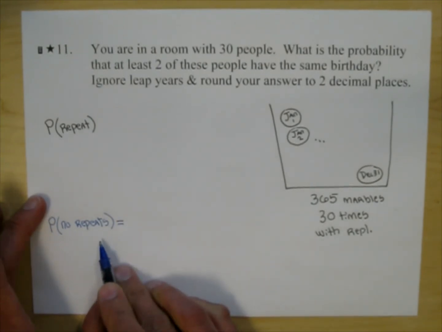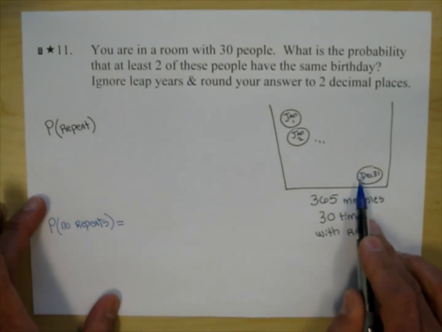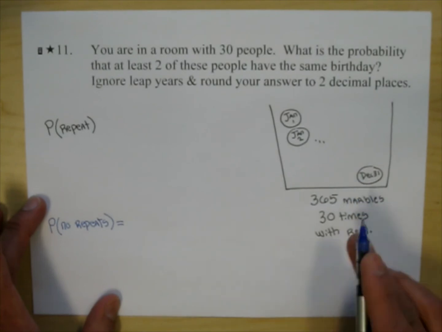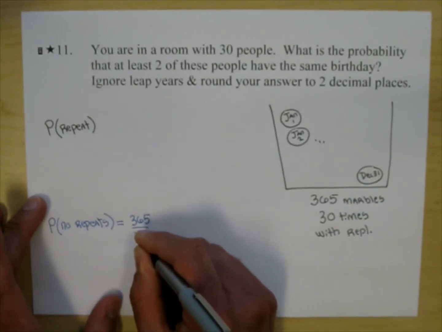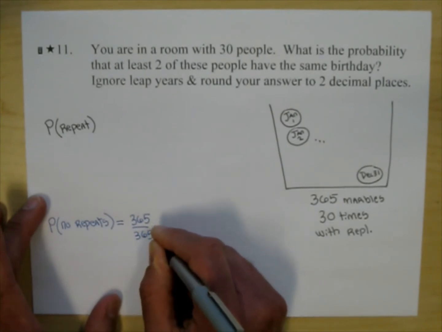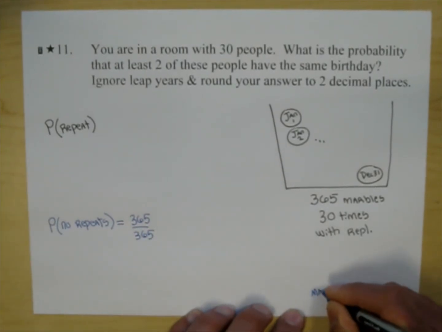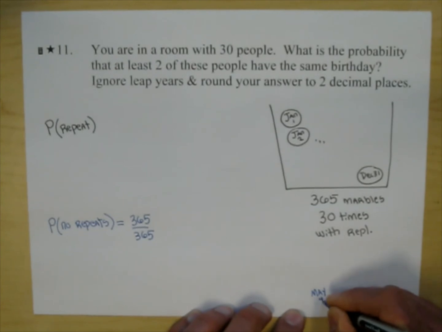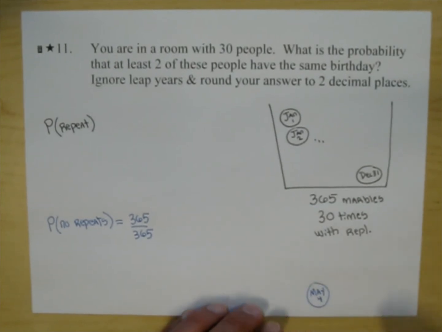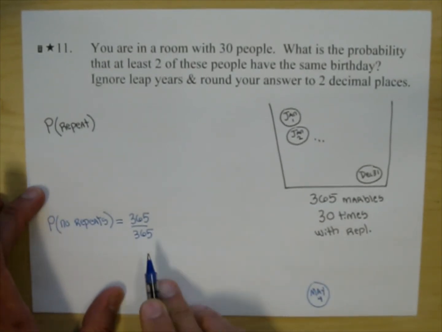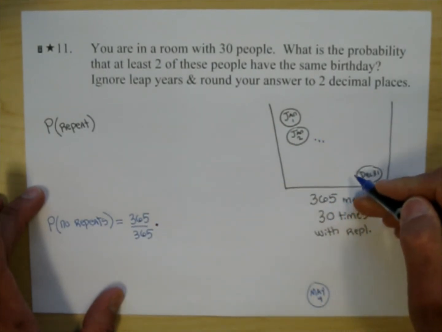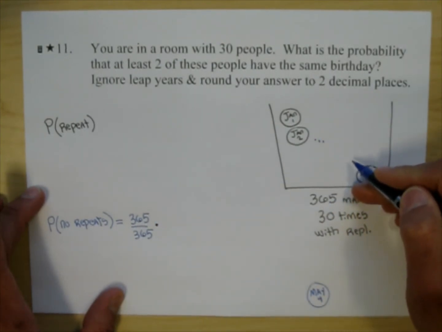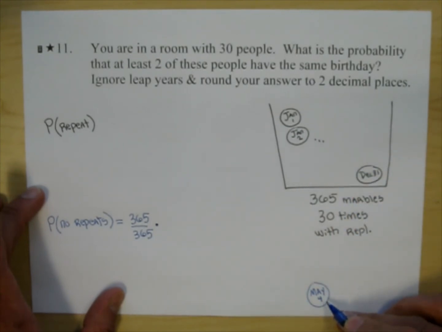Well, no repeats means the first time I pull a marble out of this box, it could be anything. It could be 365 out of 365. So suppose I pulled May 4th out of the box. Then the next time I pull a marble out of the box, I would put May 4th back into the box. The next time I pull a marble out of the box, it could not be May 4th.